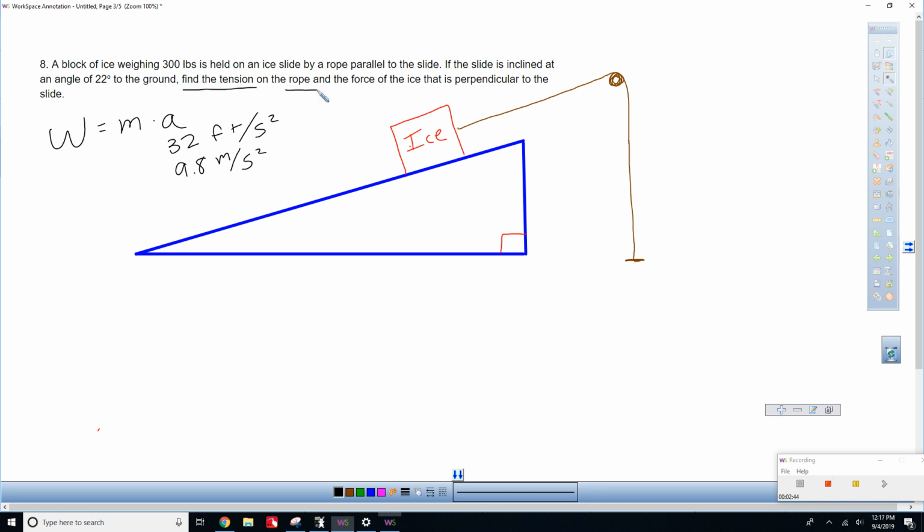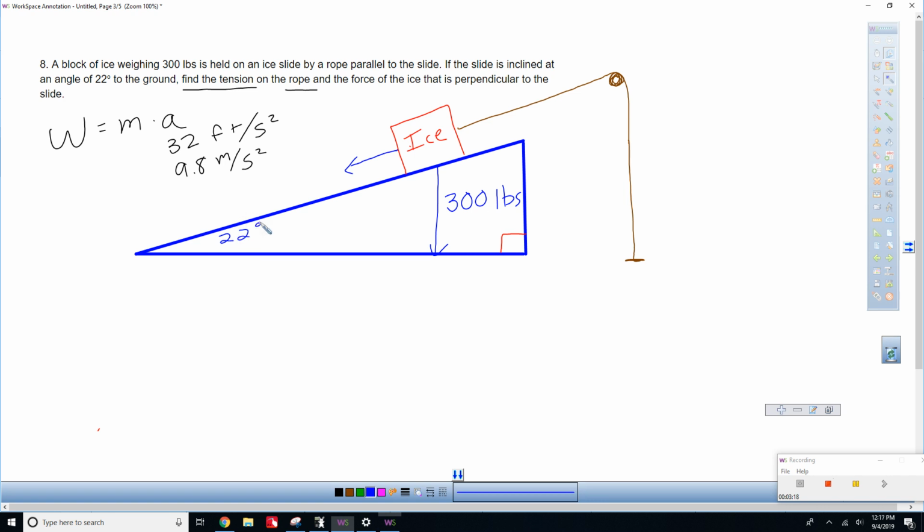So all we have to do is figure out how much of the force is going in the direction of the rope. Now, you should understand that this block of ice wants to move that way. It wants to slide down the hill. All of the weight from the ice is going that way, because gravity moves completely vertical. So this is 300 pounds, and this is the key part of the problem.